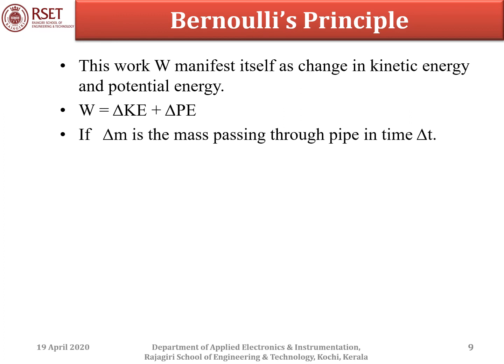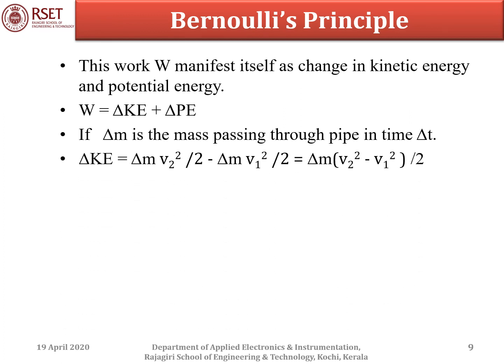Now calculating delta KE. Delta KE equals delta m into v2 square by 2 minus delta m v1 square by 2, that is we are using the formula half m v square for calculation of kinetic energy. Now to calculate change in potential energy, the potential energy change takes place due to change in height of the points where fluid enters and where fluid leaves.